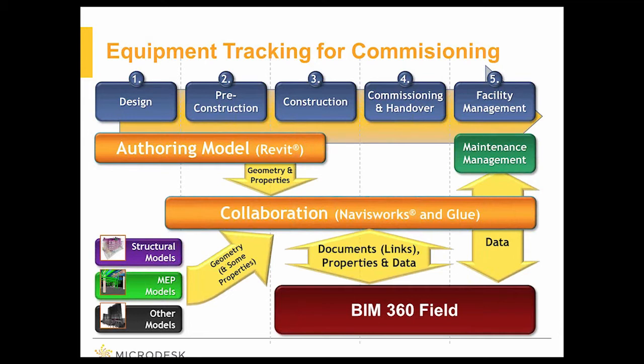From there we can coordinate that with other tools, other programs, and that might be something like Navisworks or now BIM 360 Glue. The thing is, BIM 360 Field can tie into all of that, and it can also tie back into the facility maintenance software. So that way, as we're doing our work, we're not losing any of that information. We're able to collaborate and coordinate with the other tools and the different users that might be out there.